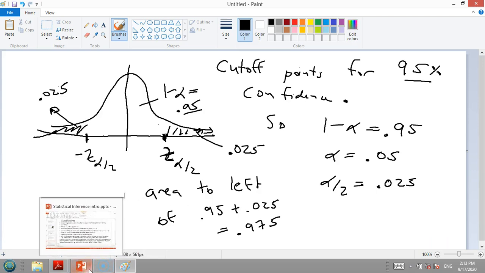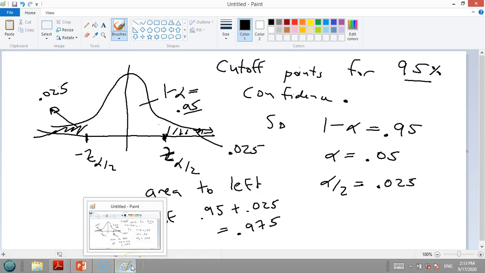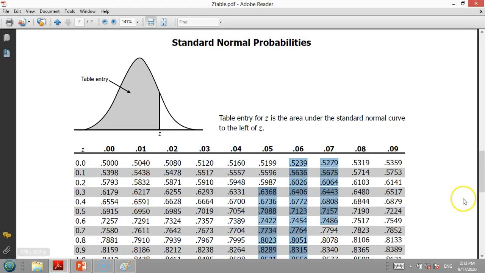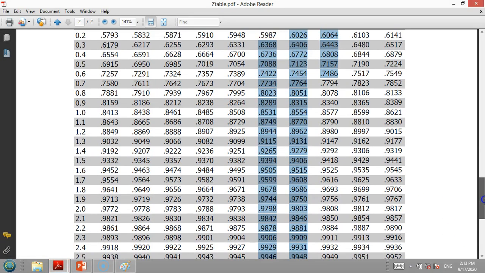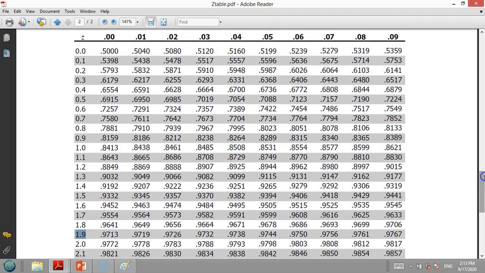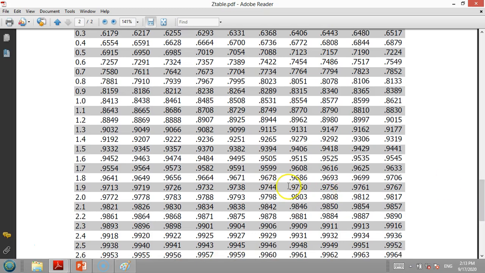One second. Okay, like this. 0.975. Do you see the number? It's exact. And this is 1.96. This is the precision on top. 1.96 is 0.975.